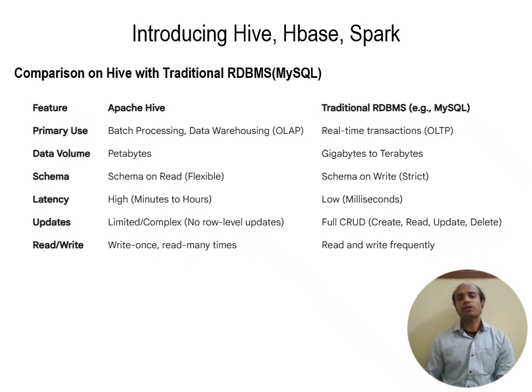So this table clearly shows how exactly Apache Hive and the traditional relational database management system, like MySQL, are different with respect to these features listed out, like primary usage, data volume, the schema they follow, the latency, updates, and the way in which they do the read and write.